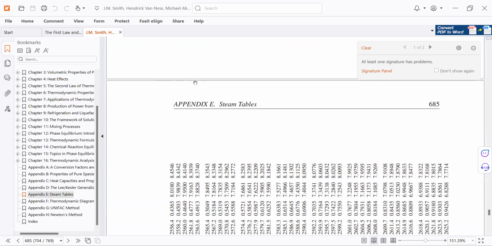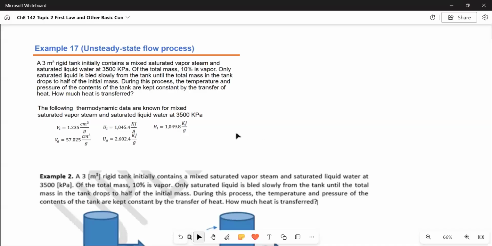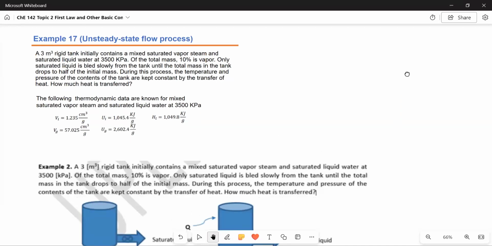Let's move back to the whiteboard. Okay, for this one, there's a very good solution already available. That's why I did not rewrite it. I will just discuss the solution.